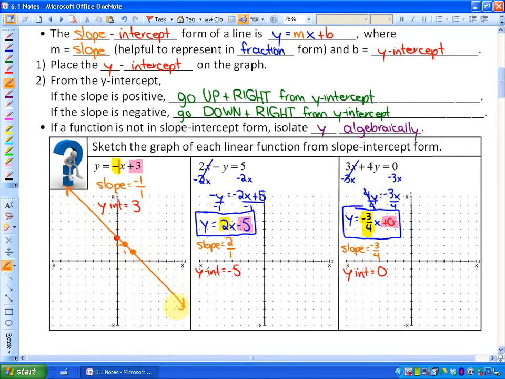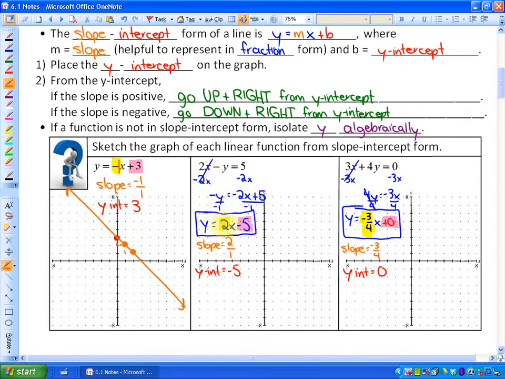Okay. Your next example originally was 2x minus y equals 5, which is not in slope-intercept form. Slope-intercept form isolates y. So I algebraically isolated y. When I subtract 2x, I have negative y is equal to negative 2x plus 5. When I divide by negative 1 to make the y positive, I end up with y is equal to 2x minus 5. That's a lot of work.